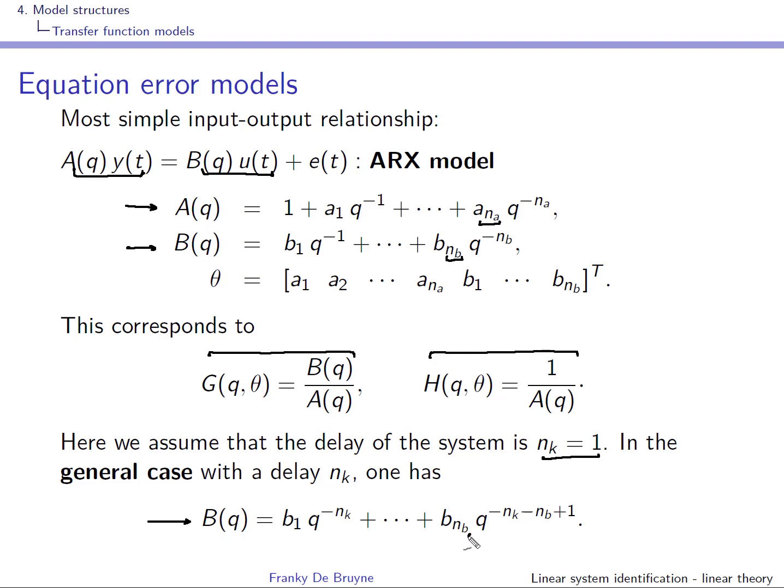The number of parameters will still be nb, but then nk is the delay that you can select. And when you run the ARX command, what you'll do is choose na, nb, and the delay nk.